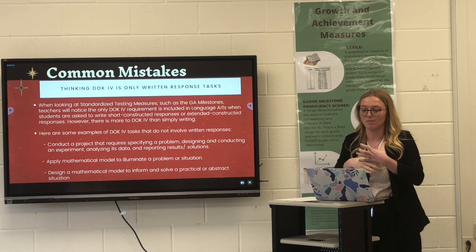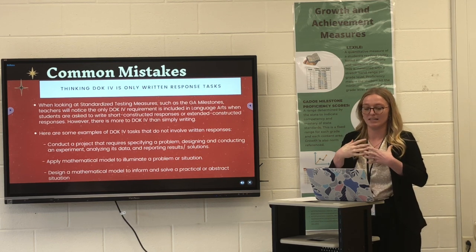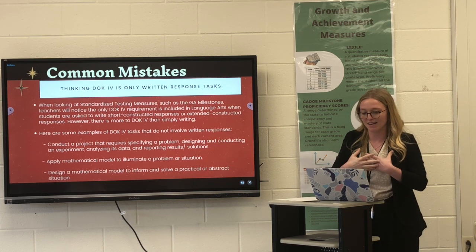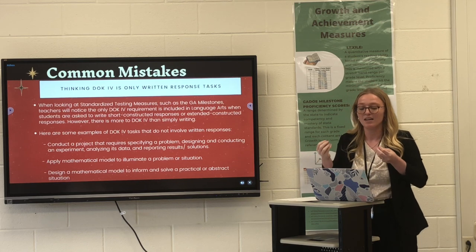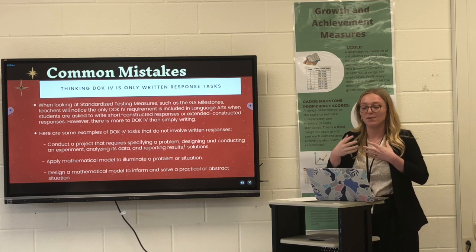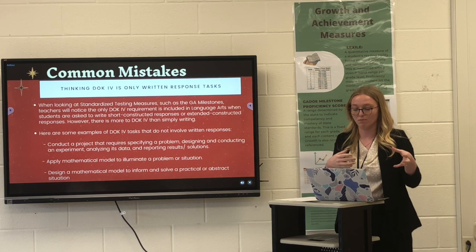give them a problem and require them to design and conduct experiments, analyze the data from the experiment, and report on the results and solutions from that data. You can have them apply a math model to eliminate a problem or situation.